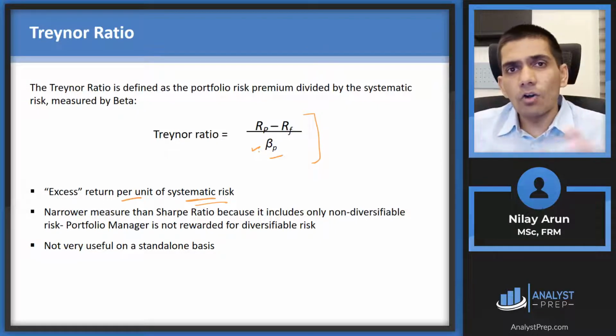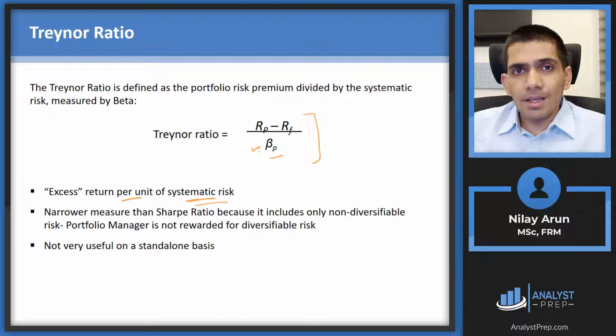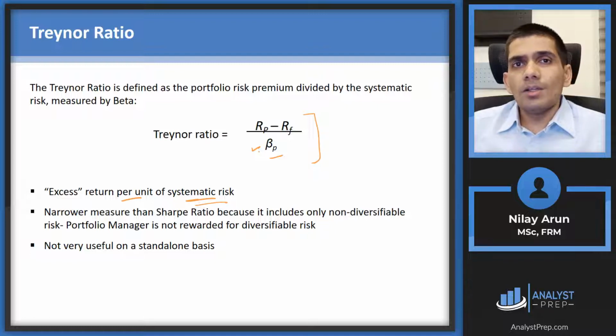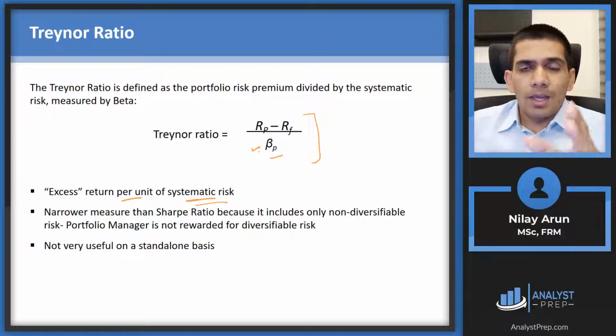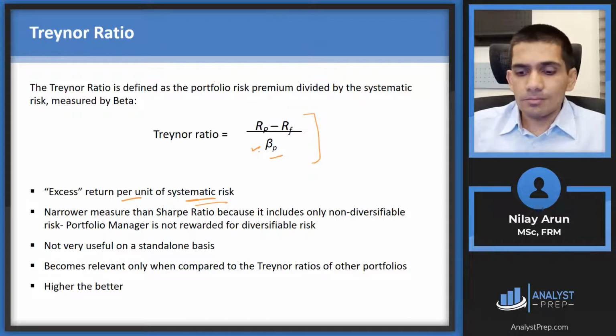So let's say another hedge fund or another mutual fund, any other investment vehicle. Only then does it become relevant. So the same rule applies here: it's not too useful on a standalone basis. To make it useful, you need to compare it with some other Treynor ratio. And the higher this is, the better it is going to be. So again, if you're selecting a particular fund based on the Treynor ratio, then you need to select the one which has the highest Treynor ratio.